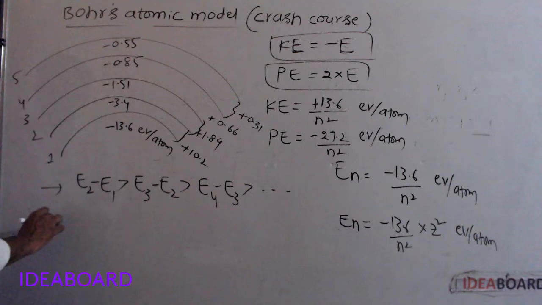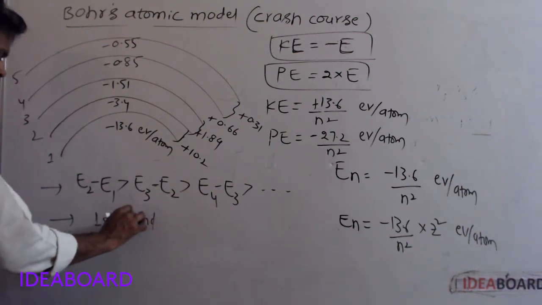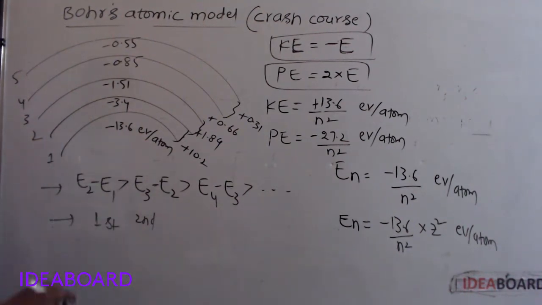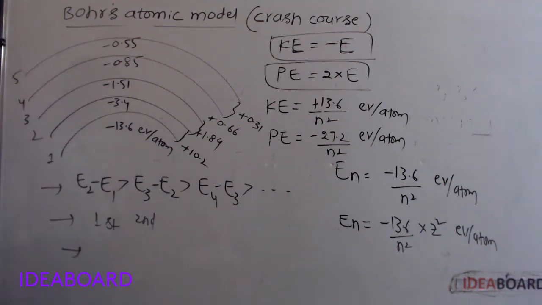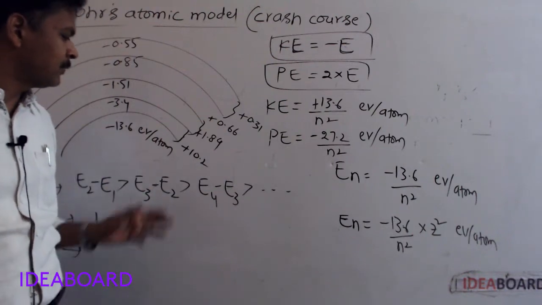Between the first and second orbits, the energy difference is maximum. See here, minimum how much energy is required to excite the electron in the hydrogen atom?